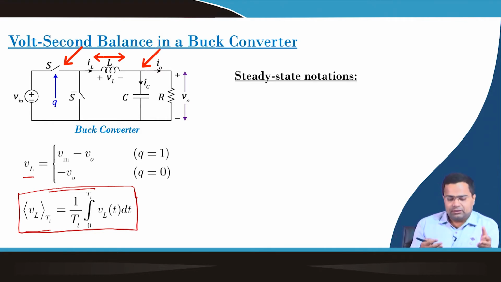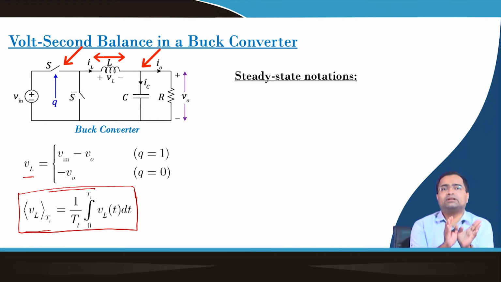So, if we can ensure over a periodic cycle the average inductor voltage is 0, that means the average flux change over a periodic cycle will be 0. If we cannot ensure the rate of change of average flux to be 0, that means the average flux should remain constant, then what will happen?